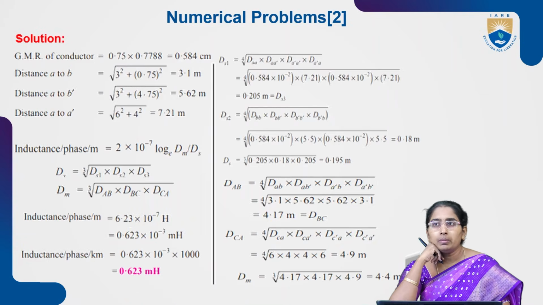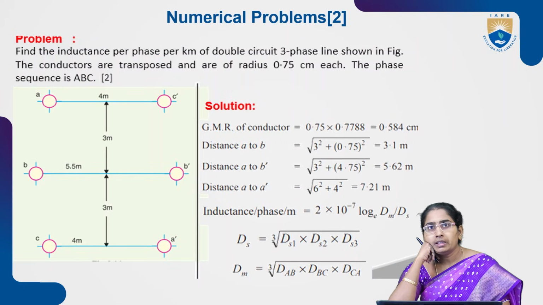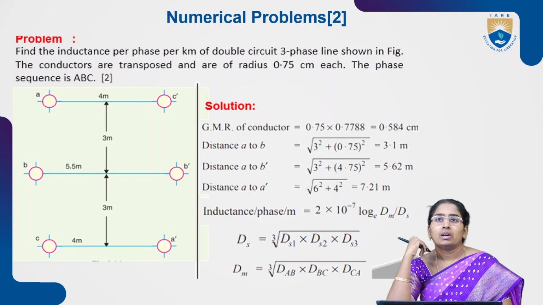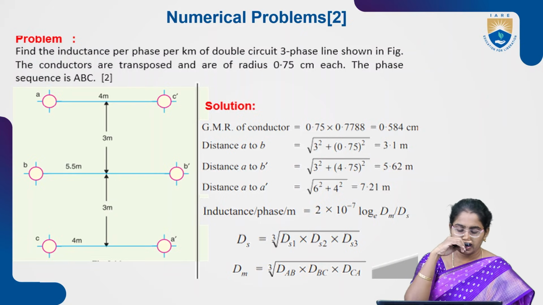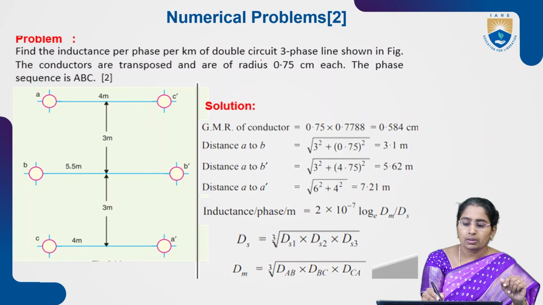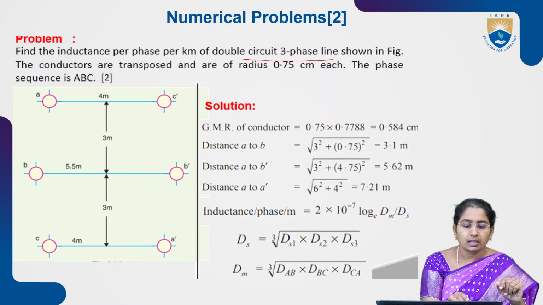The next problem: find the inductance per phase per kilometer of the double circuit three-phase line shown in the figure. The conductors are transposed and are of radius 0.75 centimeter. The phase sequence is ABC. You see ABC, that means double circuit.